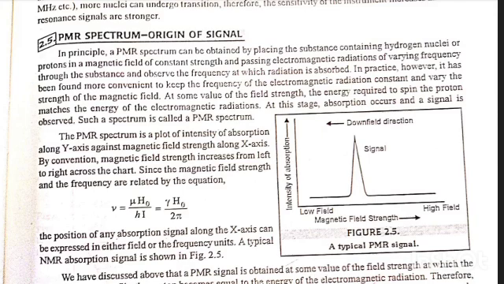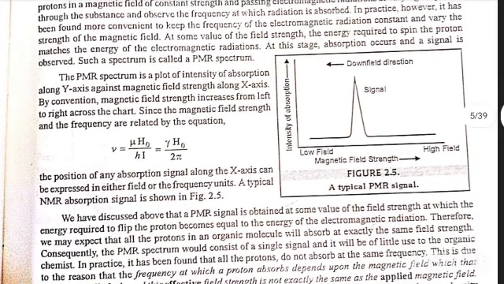In practice, however, it has been found more convenient to keep the frequency of the electromagnetic radiation constant and vary the strength of the magnetic field. At some value of the field strength, the energy required to spin-flip the proton matches the energy of the EMR radiation. At this stage, absorption occurs and a signal is observed. Such a spectrum is called a PMR spectrum.